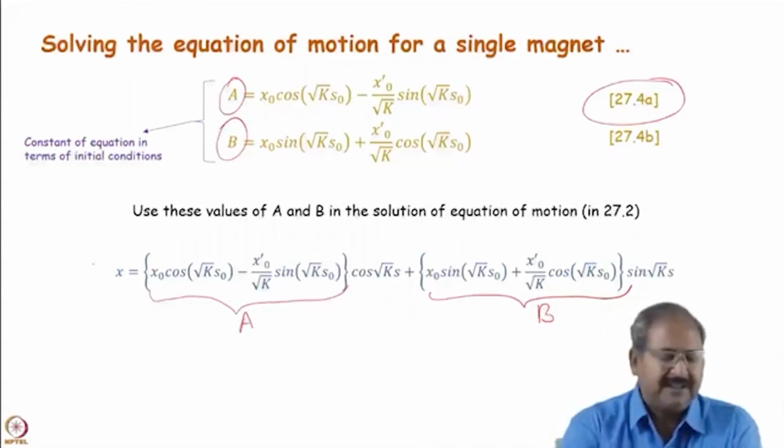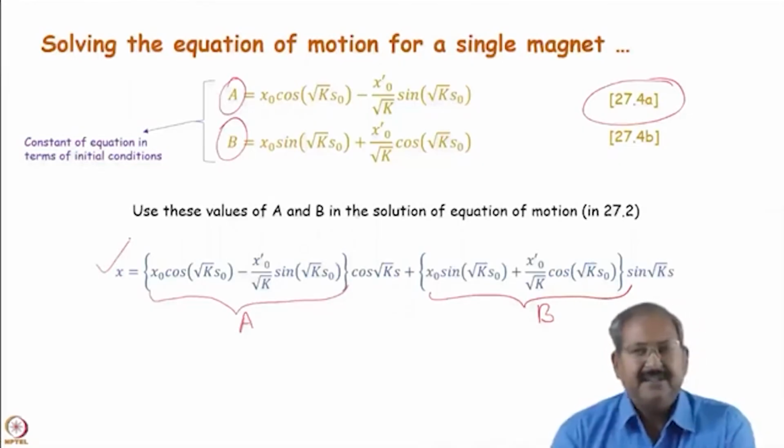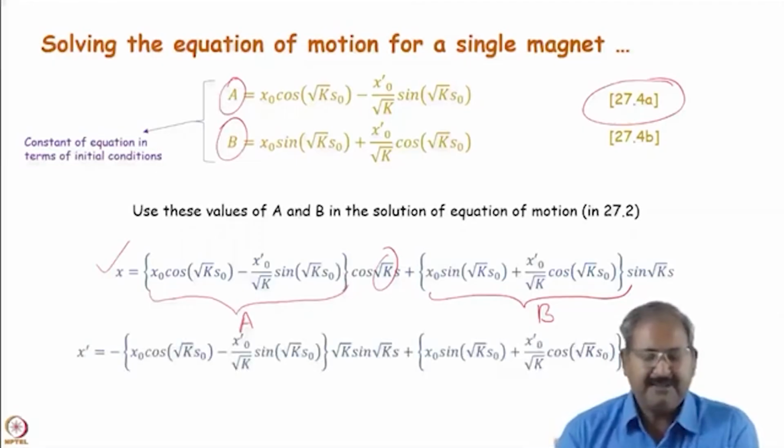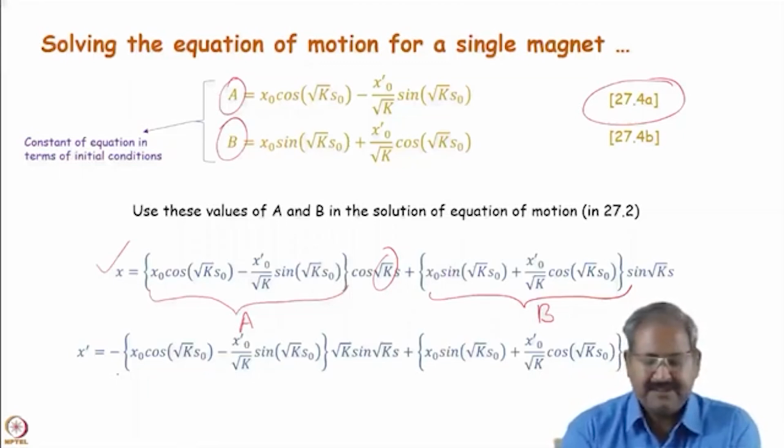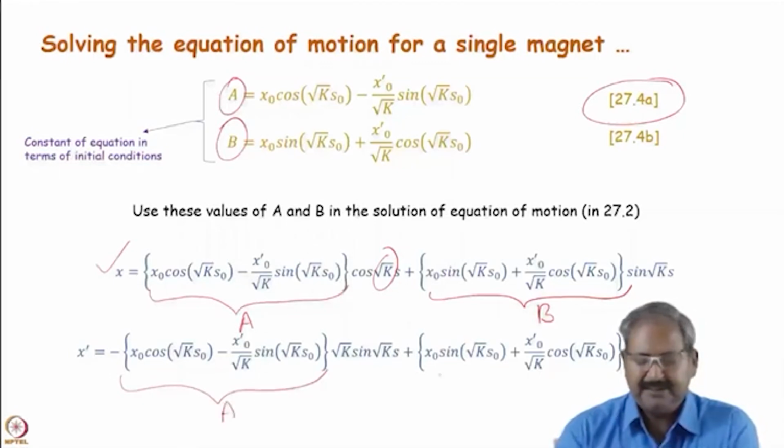So now this x is a function of initial condition and magnetic strength K here in this equation. Similarly, we will get x prime also. Here you can see this is again A, and this is the value of B.